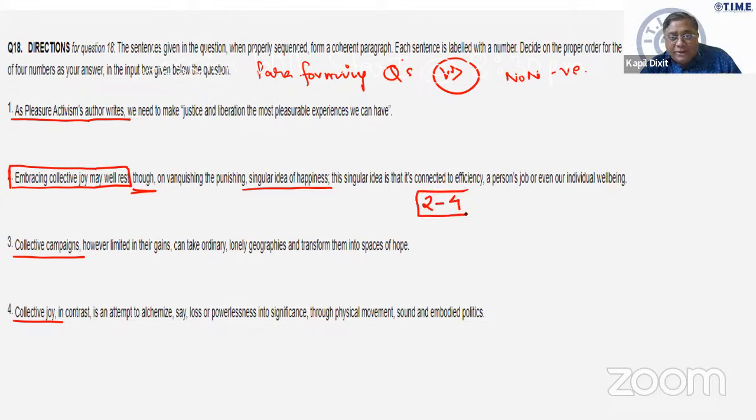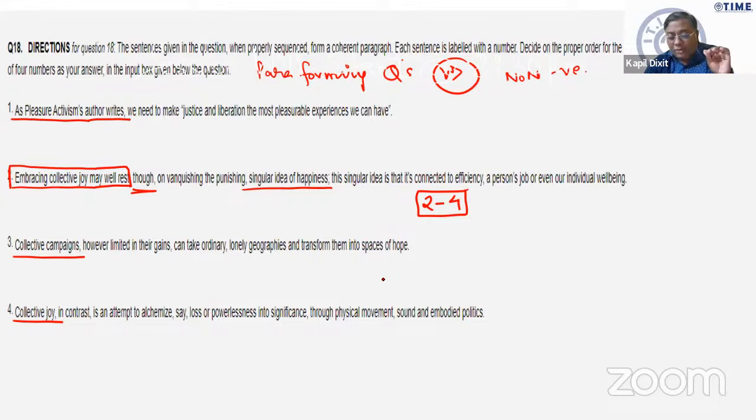How many of you were able to identify this connect? In this question, I'm not getting the introductory statement easily. My simple logic is introductory statement se will start. But yahan I'm not getting the introductory statement. So I'm trying to find out the blocks. मुझको 2-4 का block तो easily मिल जाता है. Okay.